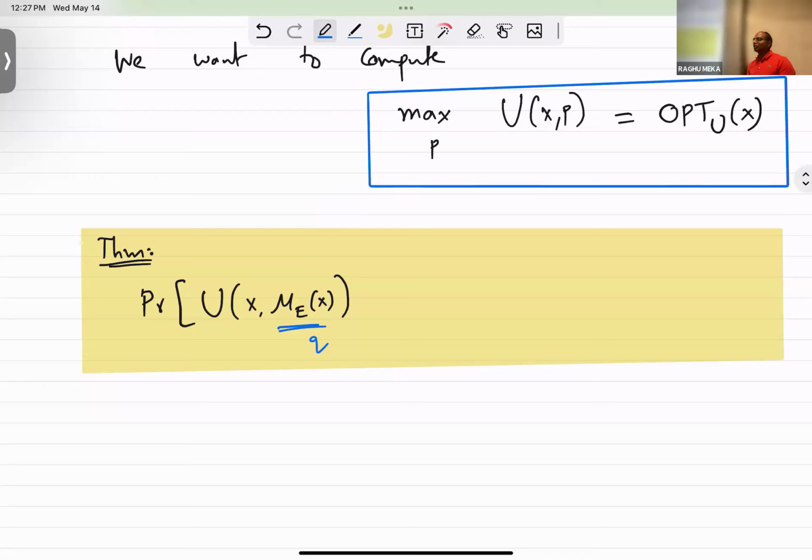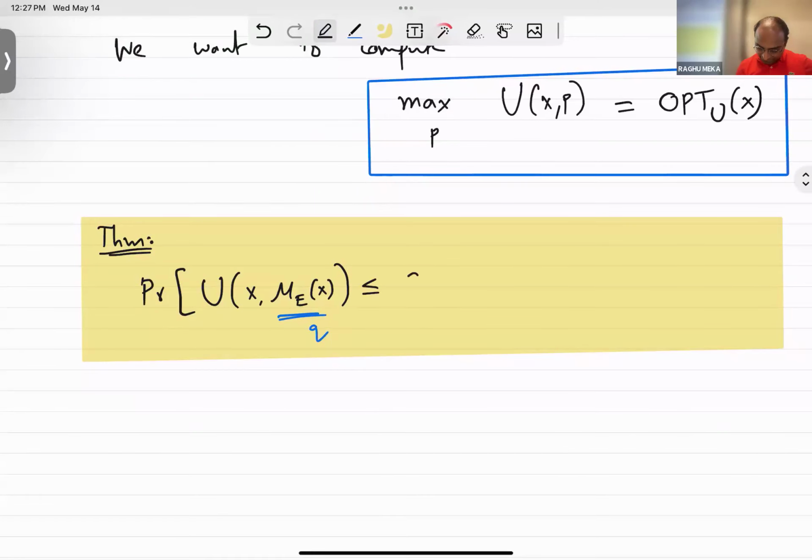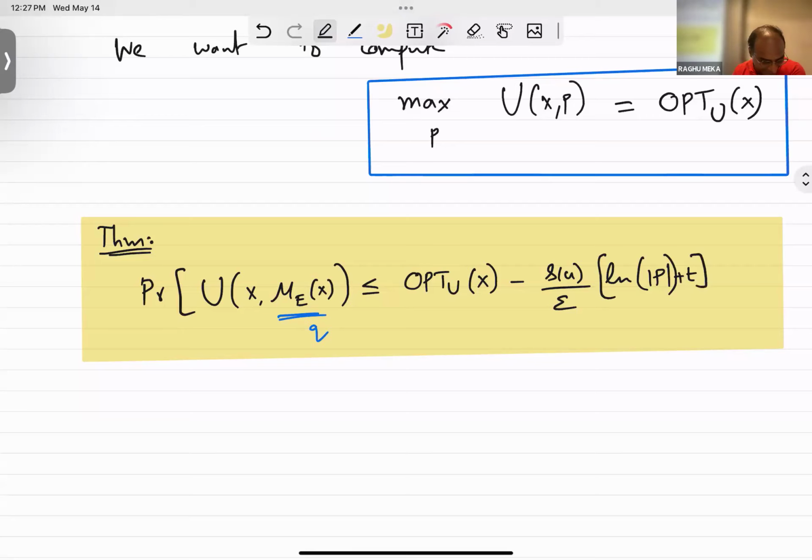And its value or utility is close to that of the optimum. Okay. And that's with high probability. So let me write it. It's a kind of messy expression, but it's needed. So there's really not much you can do.